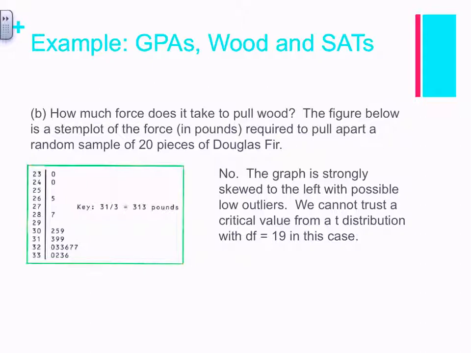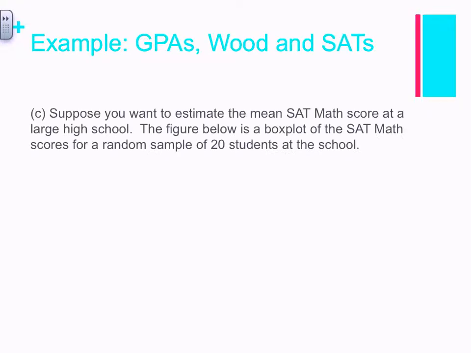You can see it right here. So it's strongly skewed left with possible outliers. So we cannot trust that a critical value from a t distribution with 19 degrees of freedom would work for this.